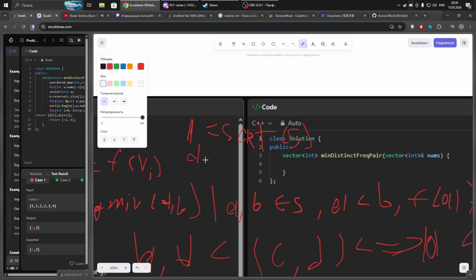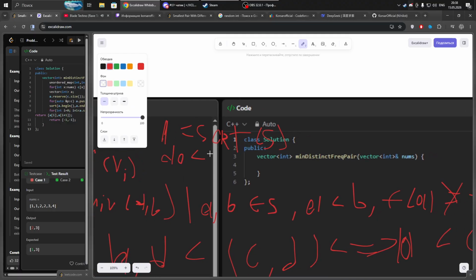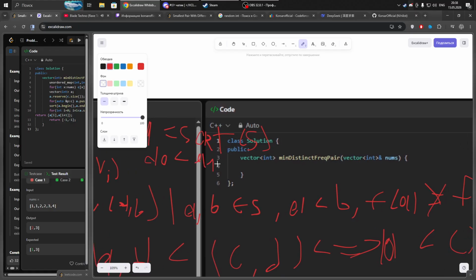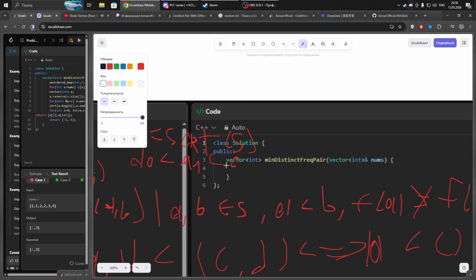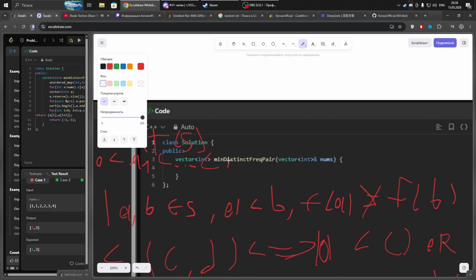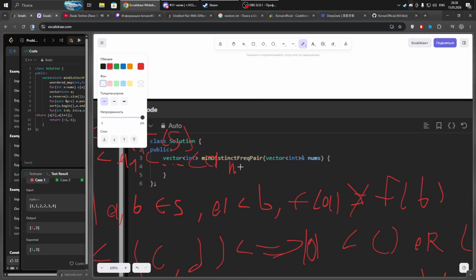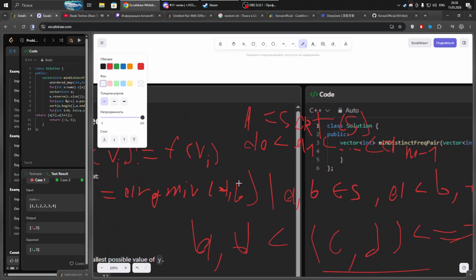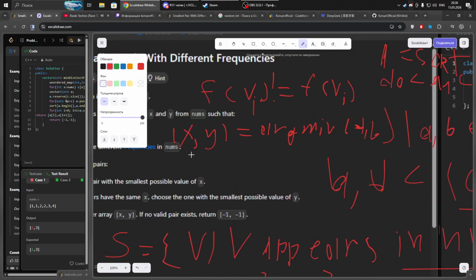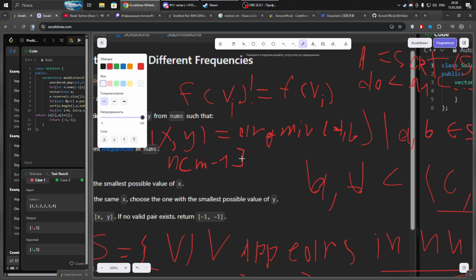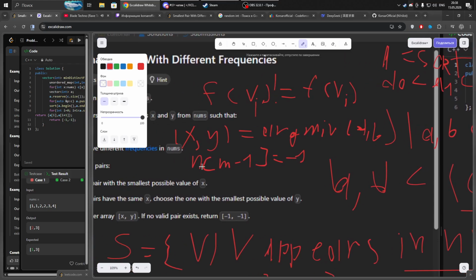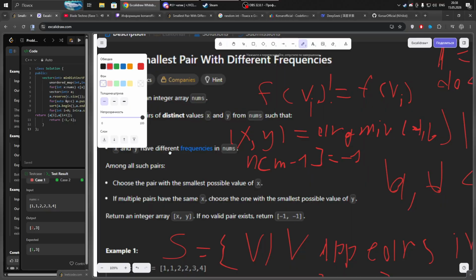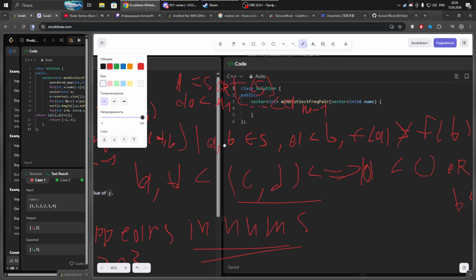We can put an array n from i, where n of i means the next index with a different frequency. So we need to use a transition from right to left.